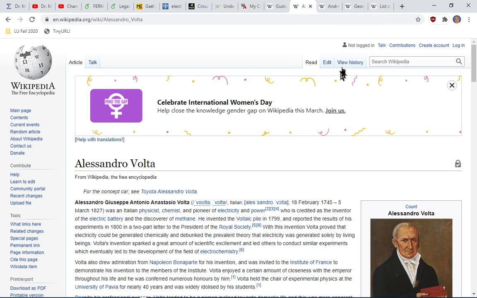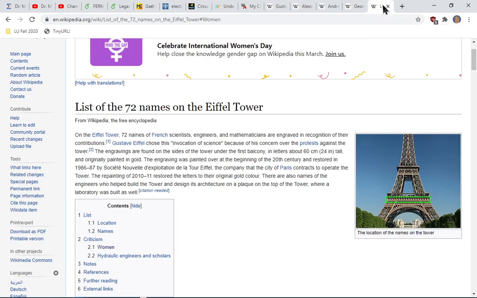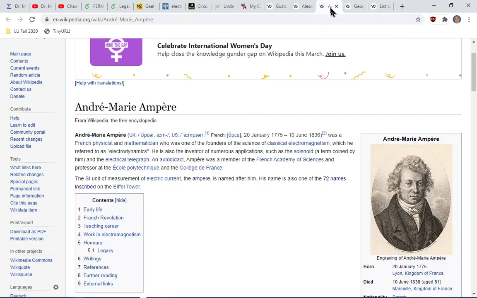And of these people, one of them is magnificently recognized on the Eiffel Tower. The Eiffel Tower was celebrated in France, of course, and the names of 72 French scientists appear on it, and that includes the person responsible for the unit amperes.